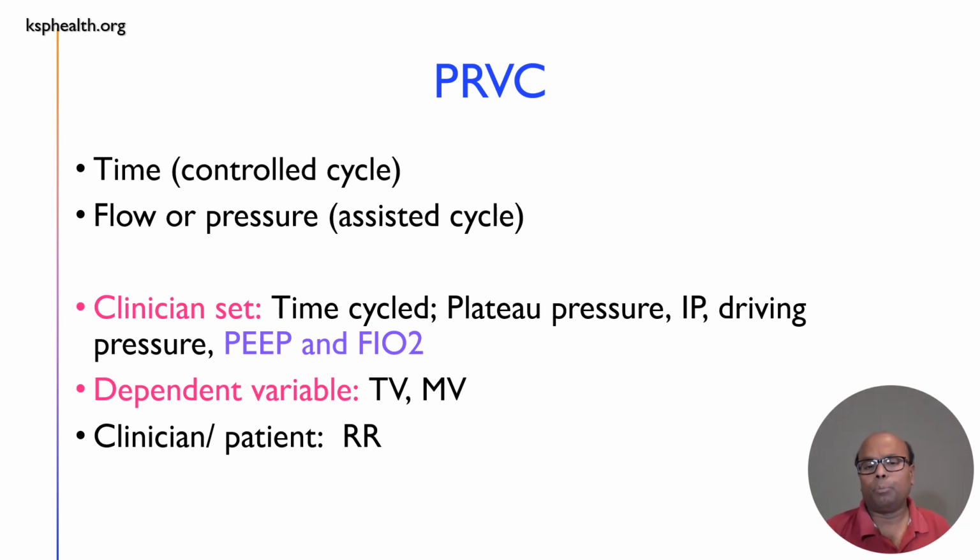I typically see in pressure regulated volume control, make sure the volume that was set is being delivered, and also the pressure doesn't go up high. Since this is a dual mode, it pretty much controls the volume being delivered, because it's preset, and also it regulates the pressure. I'm going to explain that to you in the next slide.